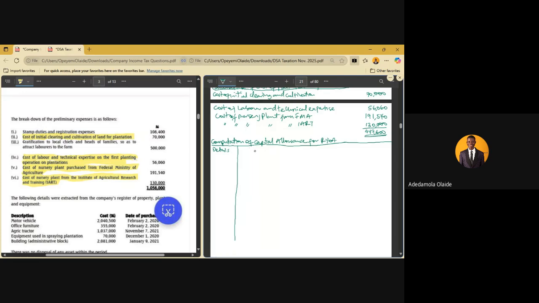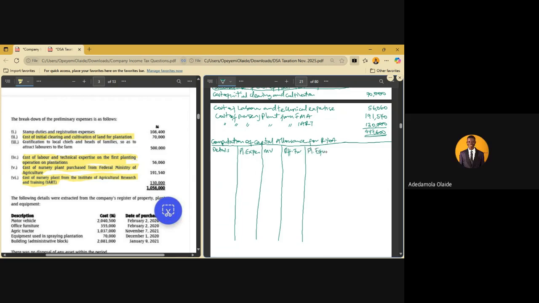We have plantation expenditure, motor vehicle, office furniture, agri tractor, plantation equipment.